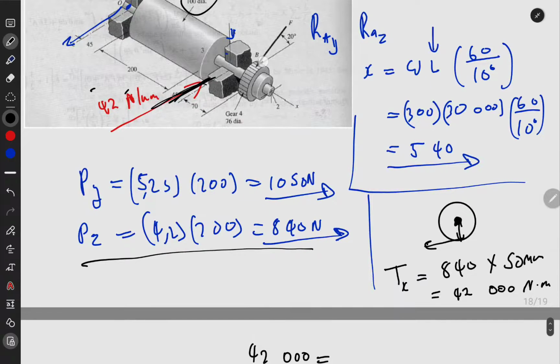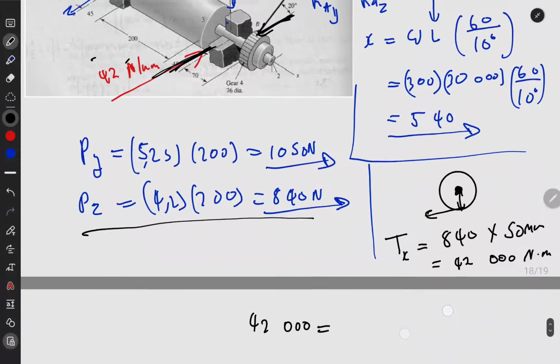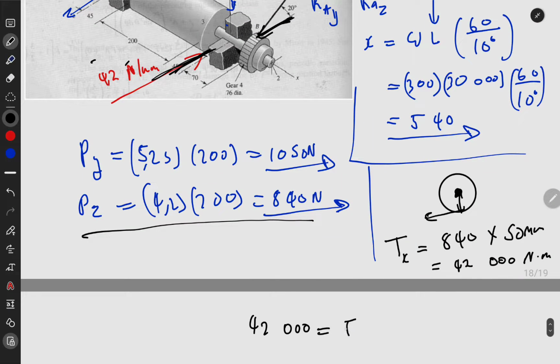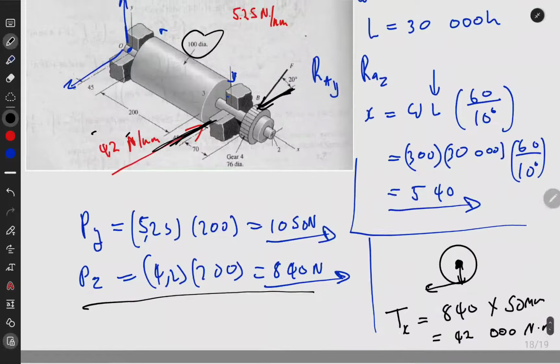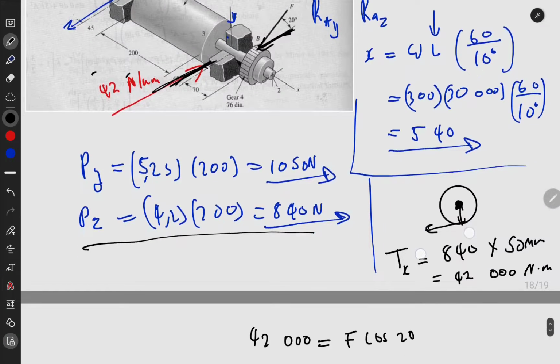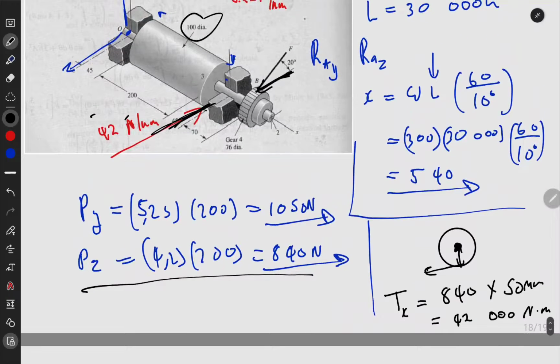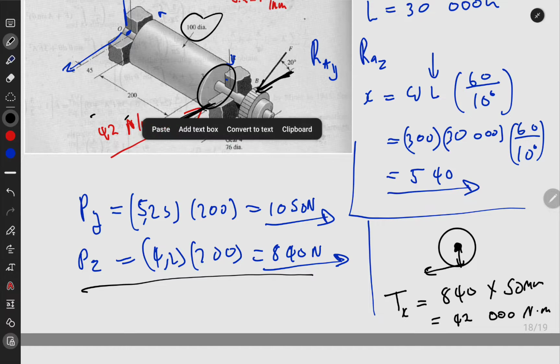The moment caused only looks at the adjacent component, which is going to be F cos 20, but we want the arm, which should be 50, right, if I'm not mistaken. No, but now this one is not on the big roller, it's on the small gear, and the gear has its own diameter, which is 76.